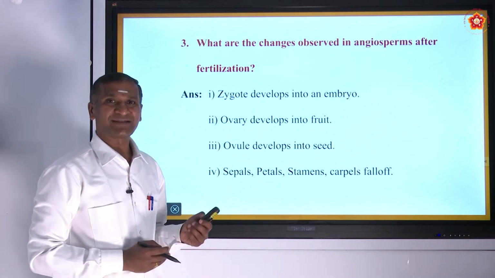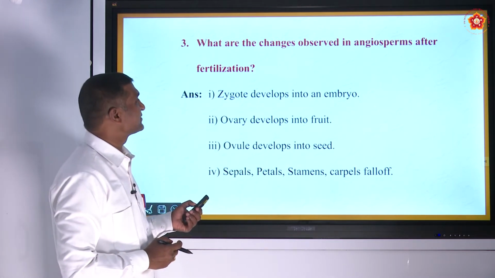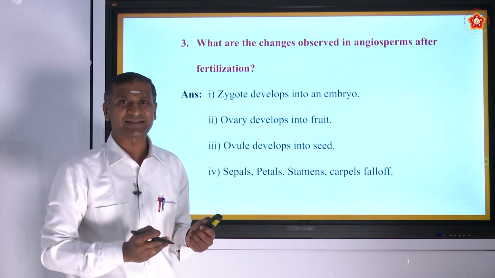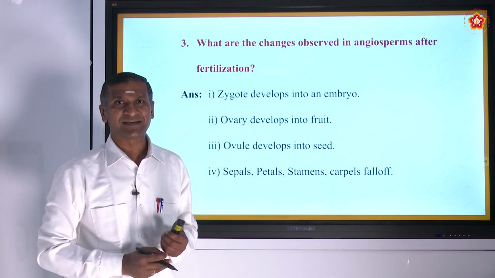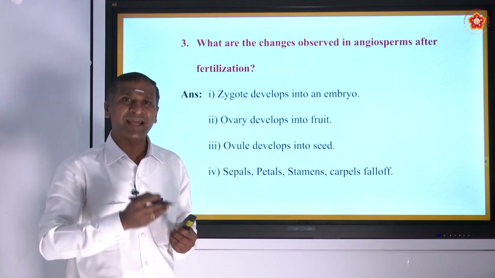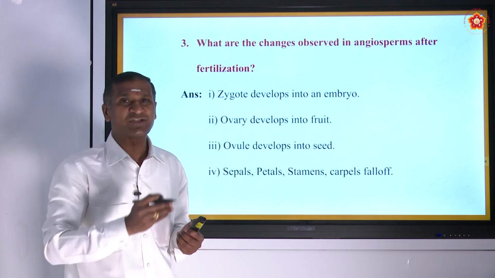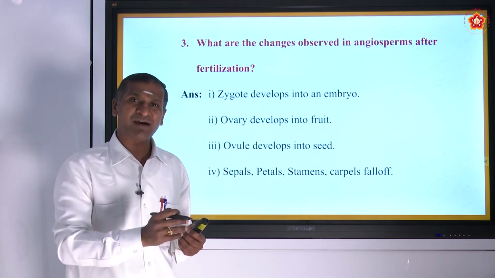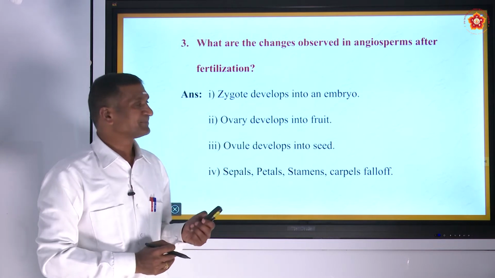Very happy that all of you have written correct answers for these questions. If not, with a few mistakes, try to correct yourselves. And to fetch good marks, write the answers point-wise. For 2 marks, 4 points, half mark for each point.